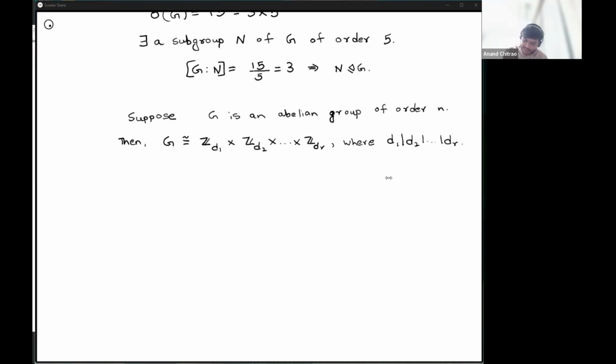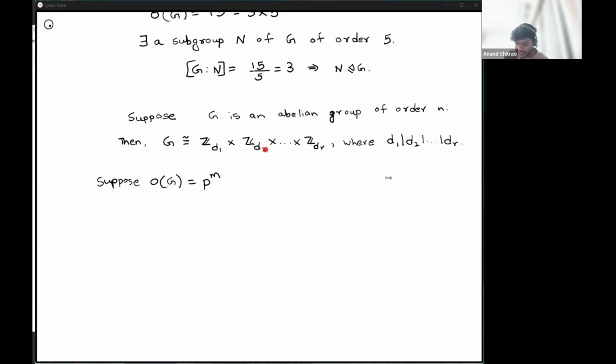Now if you start with a p-group, suppose the order of G is p to the m, then to get these d1, d2, ..., dr, you need a partition. Can you see how? You first note that the product of all these d's is equal to p to the m.